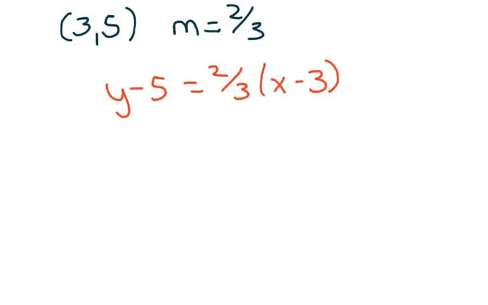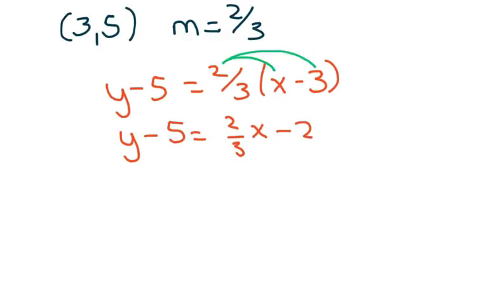All right, so I have y minus 5 equals 2/3 x minus 2. When you're distributing here, this 2/3 times negative 3, that's 3 over 1. These would cancel, so you get negative 2 here.